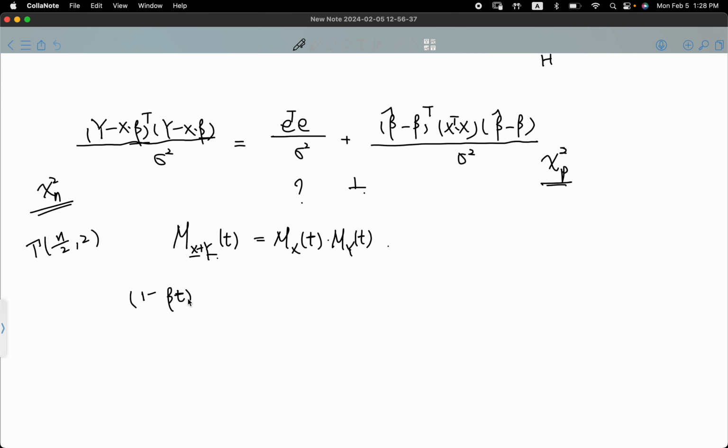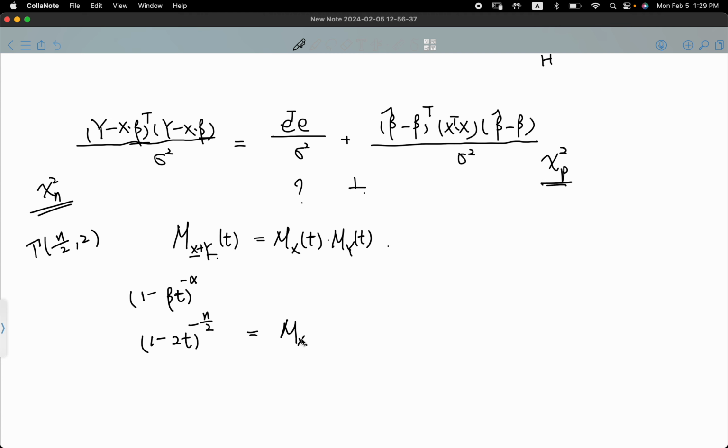So this is the moment-generating function for a gamma distribution, to the negative alpha. And that gives us 1 minus 2t to the negative n over 2.